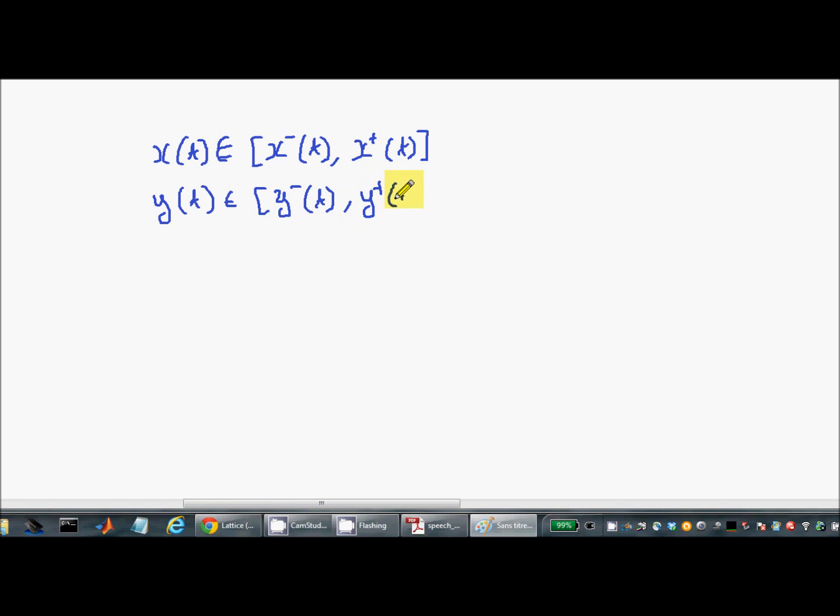So here, x minus, x plus and y minus, y plus correspond to trajectories, but here I have a tube.